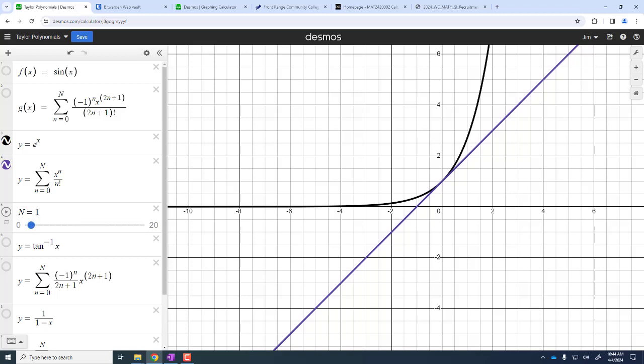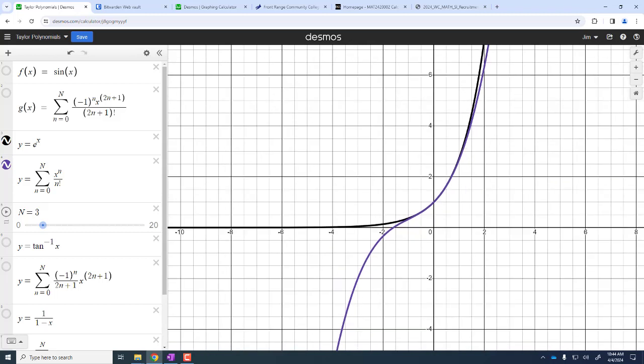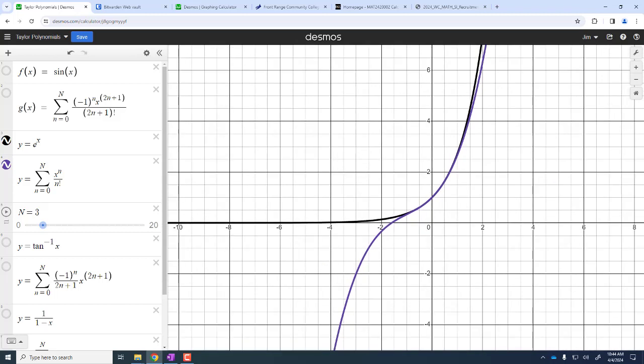Well, if we jack this up by 1, now we've got the best quadratic approximation at 0, and you can see that there's an even deeper overlap with the original function. And then we can go to the best cubic approximation, and the overlap is going to get better and better, and you can keep on trucking.